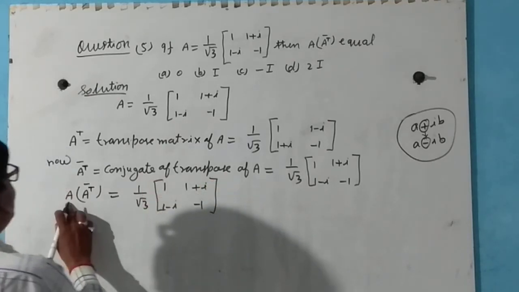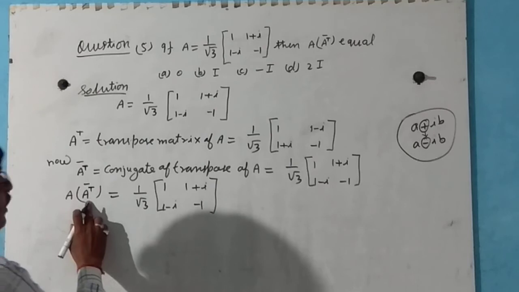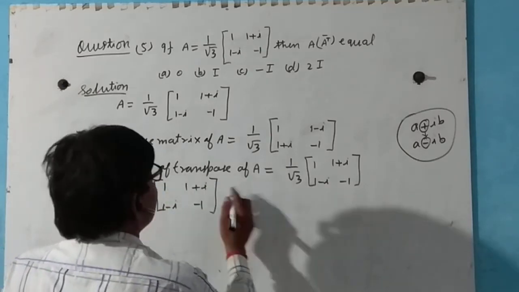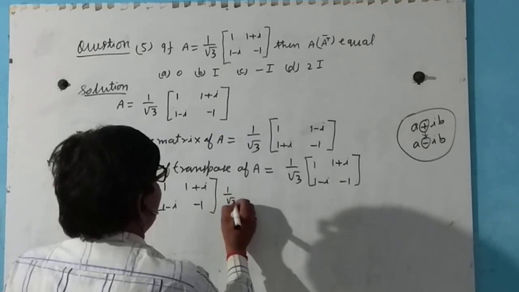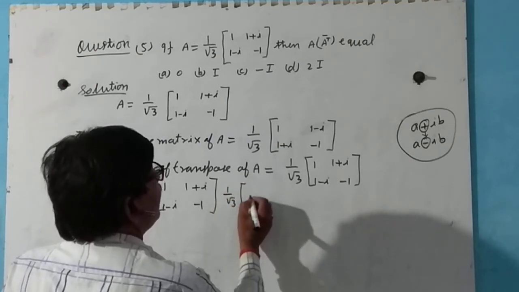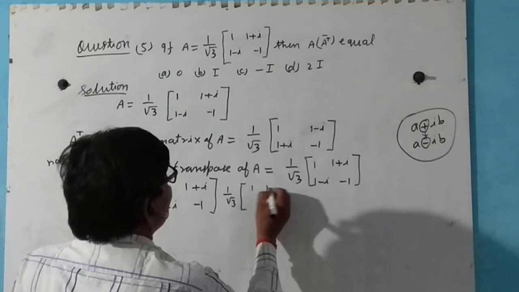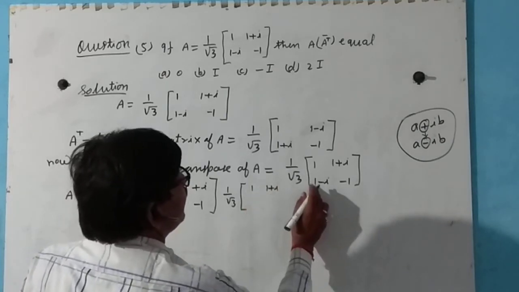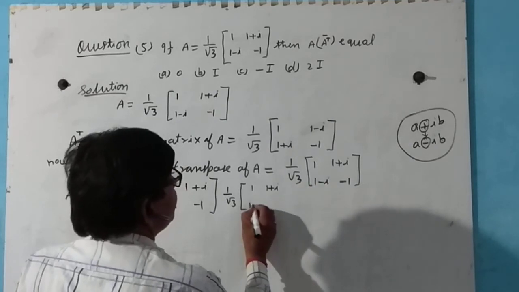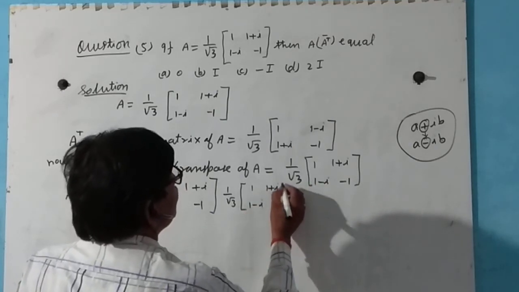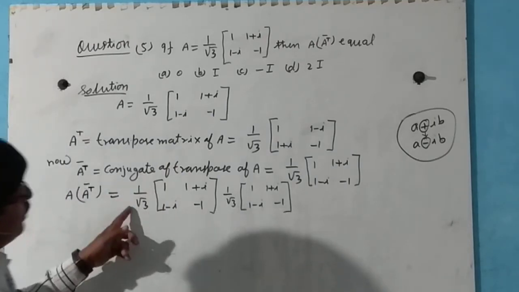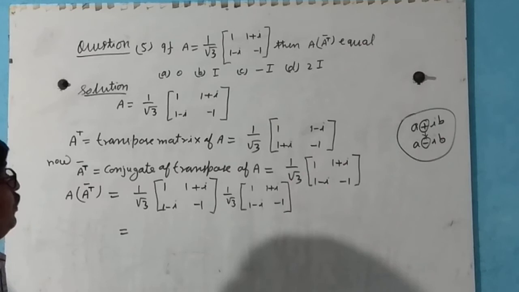This is equal to A and the conjugate of transpose of A, which is equal to 1 by root 3 and matrix 1, 1 plus I, 1 minus I and minus 1.